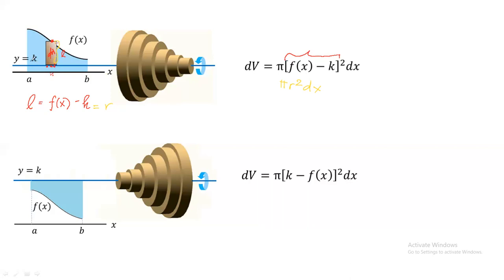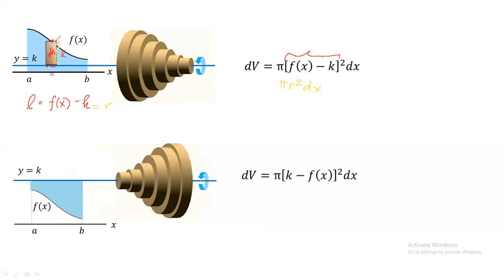Don't get accustomed to thinking that the axis of rotation is always just the x-axis or the y-axis. No. A lot of problems have an axis of rotation that is not really coinciding with any of the axes of our Cartesian plane, just like this particular example.